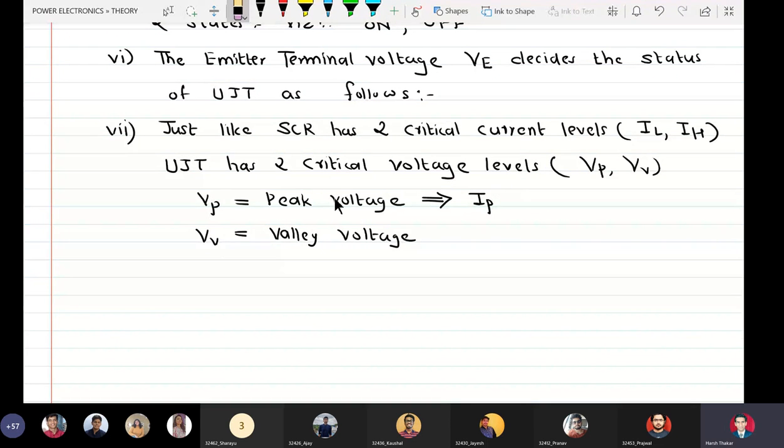So rather we will say peak point voltage, that will make it more clear. So we have peak point voltage and we have valley point voltage.